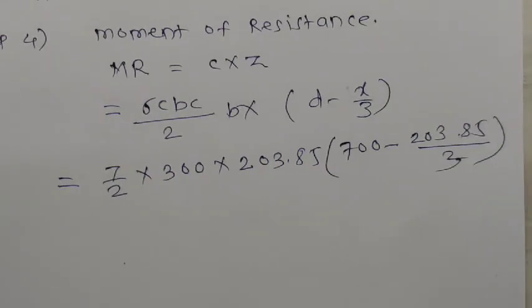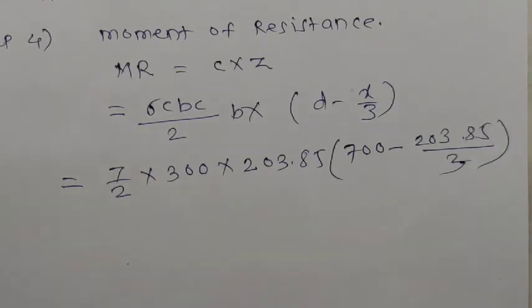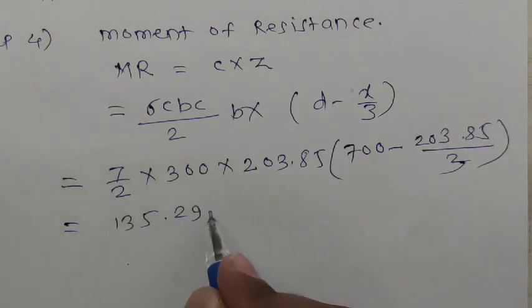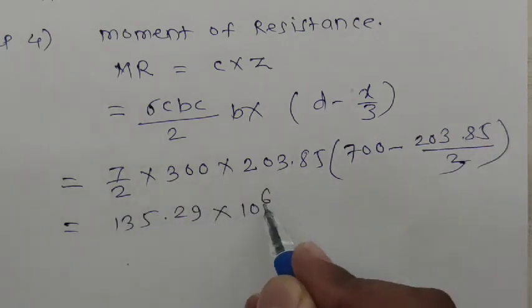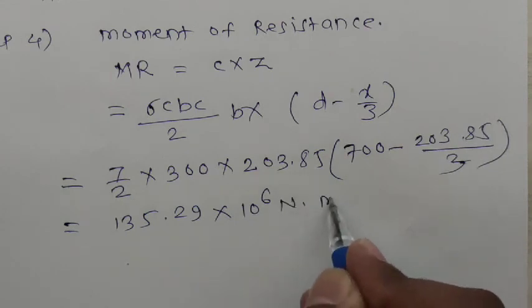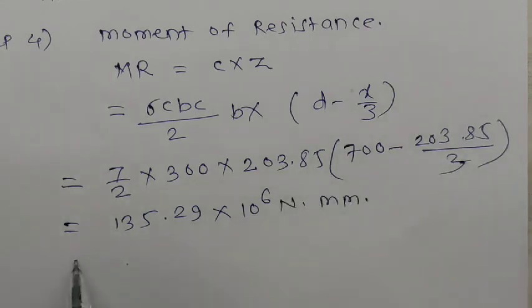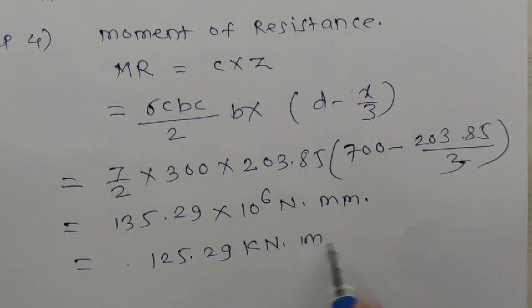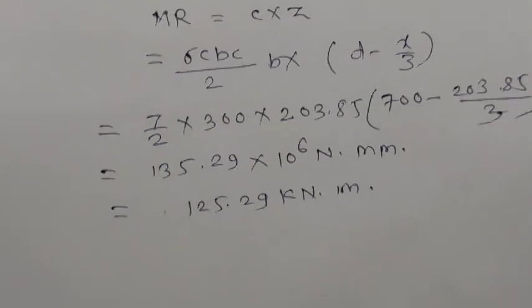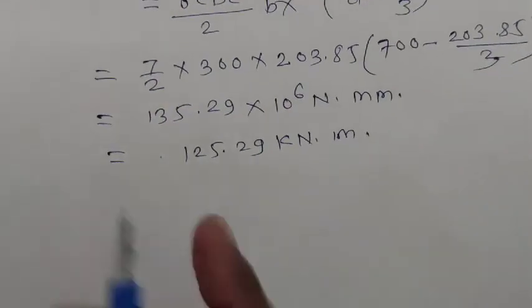Solving the equation, we get 135.29 into 10 raised to 6 Newton per mm, which is equal to 125.29 kilonewton per meter.